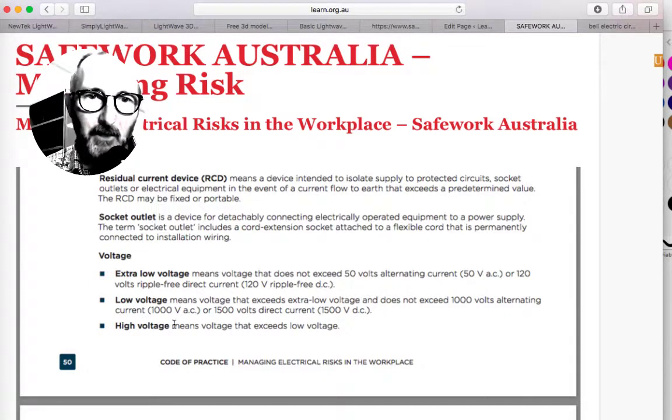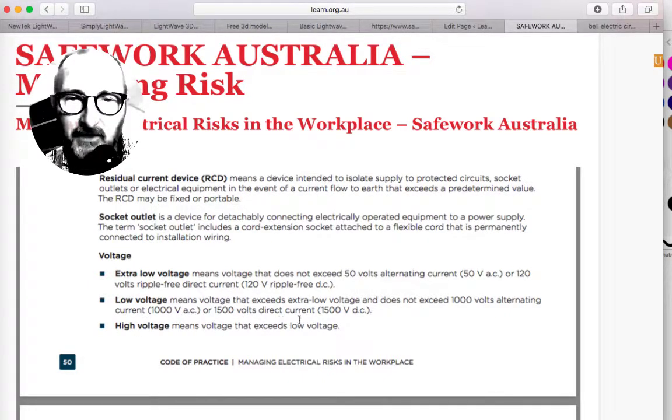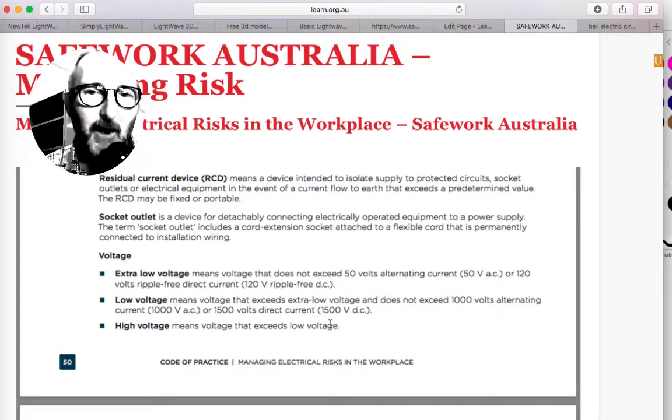Here, high voltage means voltage that exceeds low voltage. Well, it doesn't mean much by itself, but if we then look at low voltage, we see that that is direct current less than 1500 volts DC. So in other words, high voltage means voltage that exceeds 1500 volts DC. I guess maybe they should have written it that way.